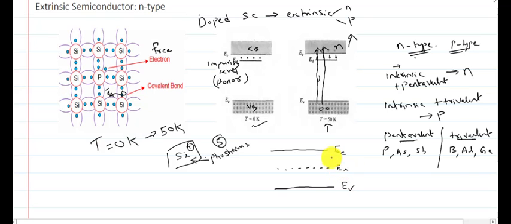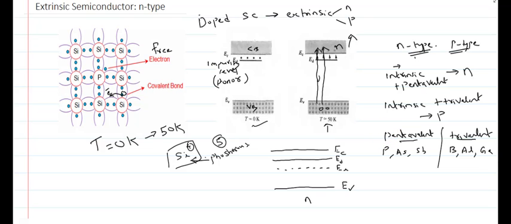Since we are doping with pentavalent impurities, the donor impurities, we should draw a donor level. That donor level should be closer to the conduction band. This energy level is known as the donor level. This is the energy band diagram of the n-type semiconductor. So this is the extrinsic semiconductor classification, the n-type semiconductor.